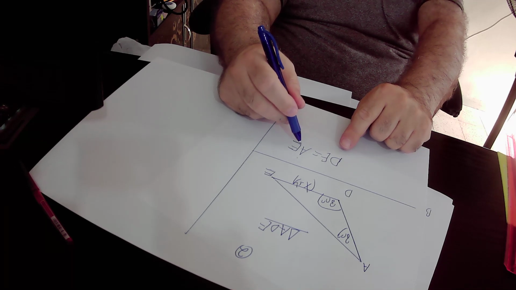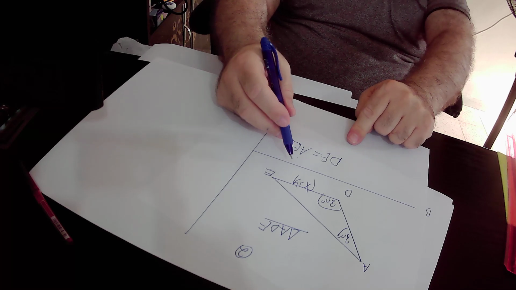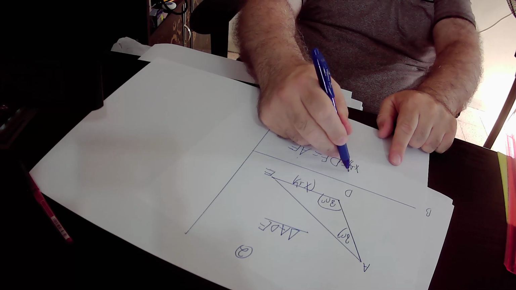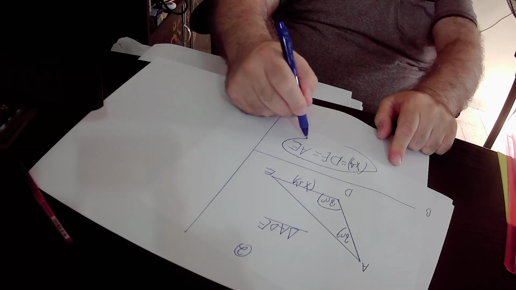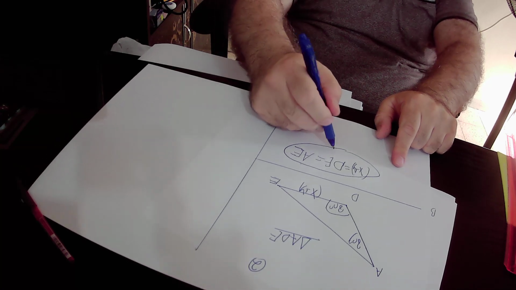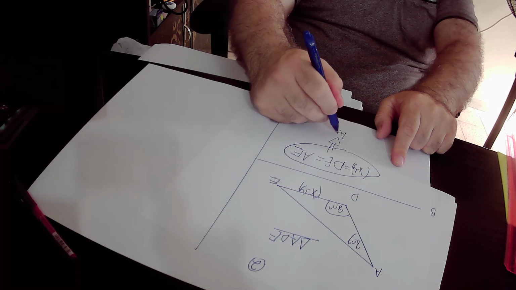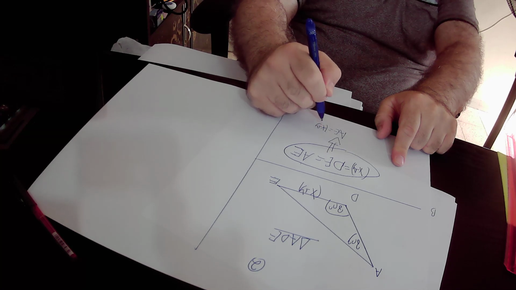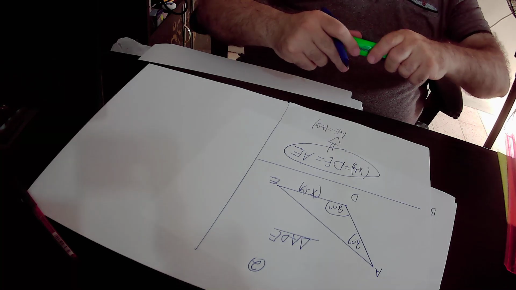So DE equals AE. But we have already found out that DE equals X plus Y. So from this expression, we derive that AE is also equal to X plus Y.